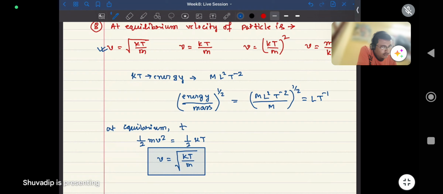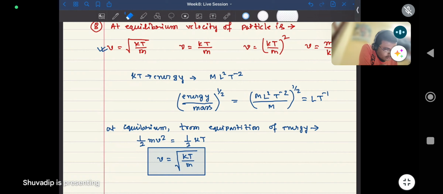So at equilibrium, from equipartition of energy, we can get this relation. From dimensional analysis, you can calculate which is the correct option.